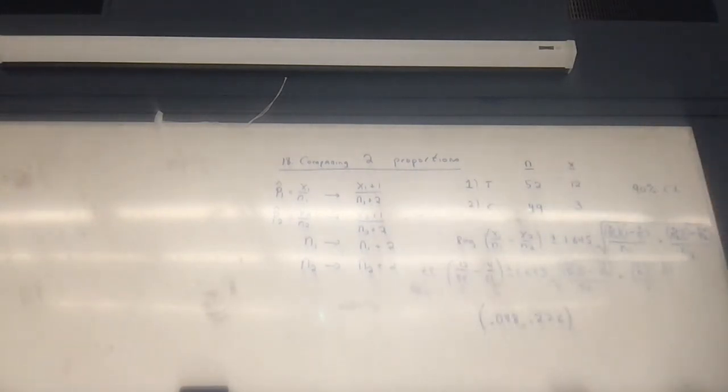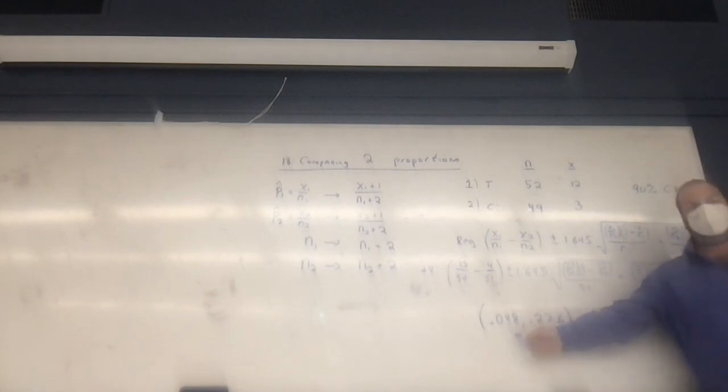So what I would conclude if I was writing this: I am 90% confident that the true difference in proportion between P1 and P2 is somewhere between 4.8% and 27.6%.